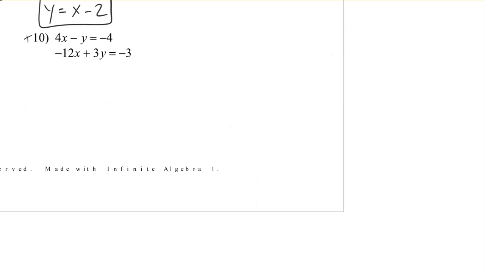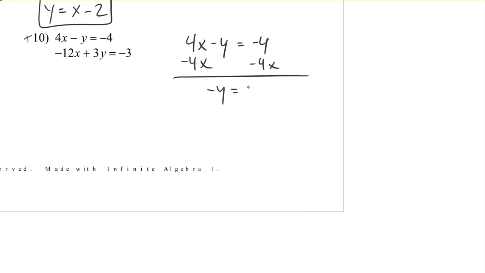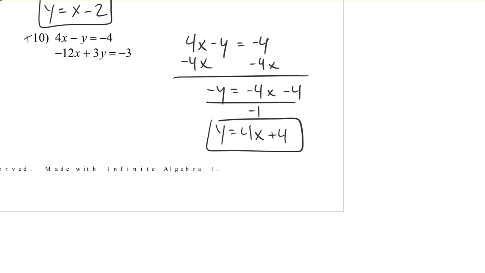So 4x minus y equals negative 4, subtract 4x, negative y equals negative 4x minus 4, divide everything by negative 1, so y equals 4x plus 4, and I'll bet you that this second equation is going to have a slope of 4, just like this one. So we'll add 12x to both sides.